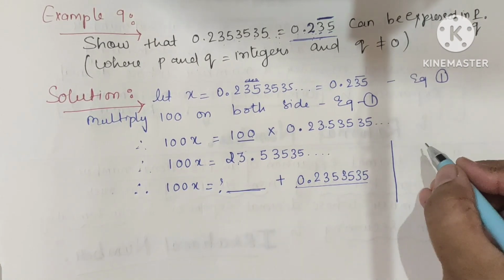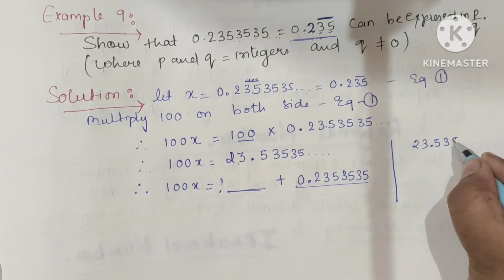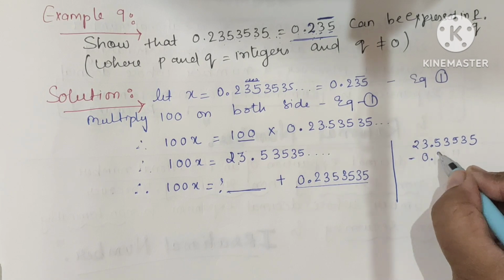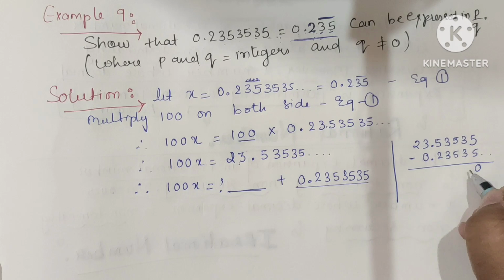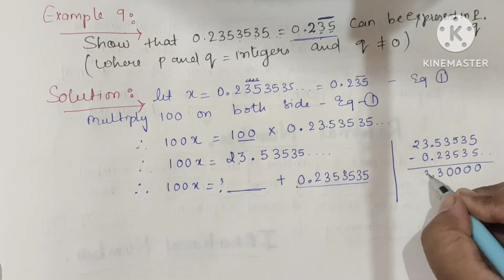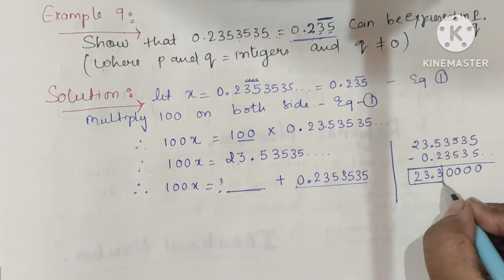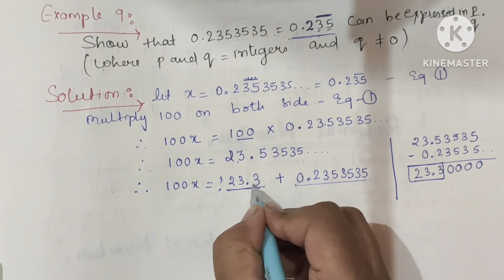So 23.53535 minus 0.23535, which gives 23.3.